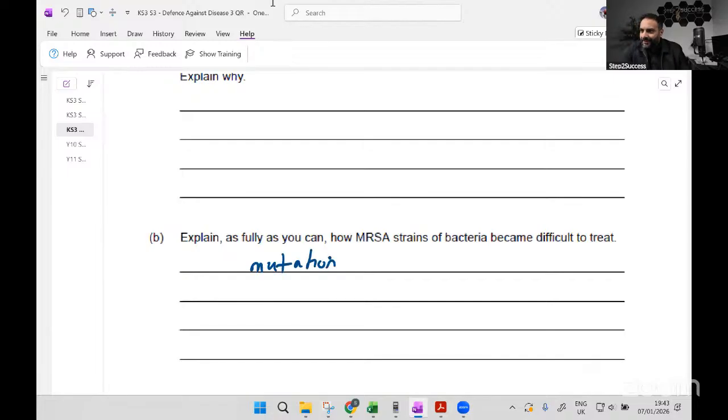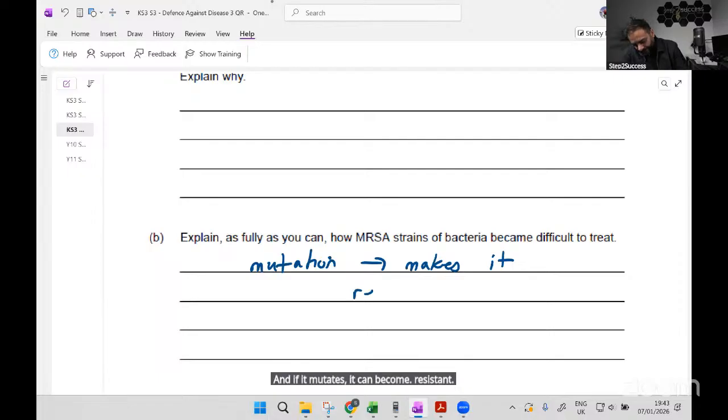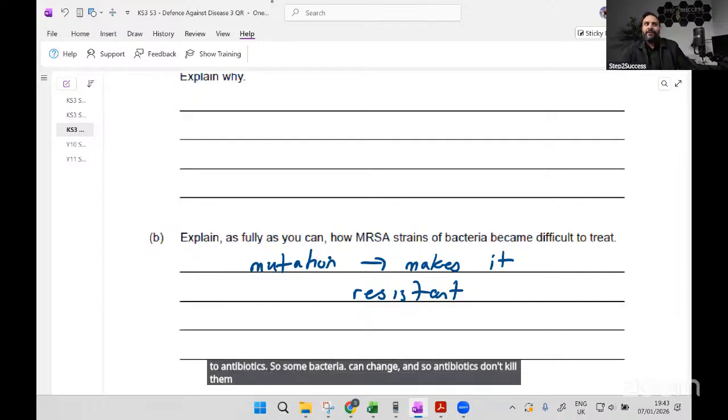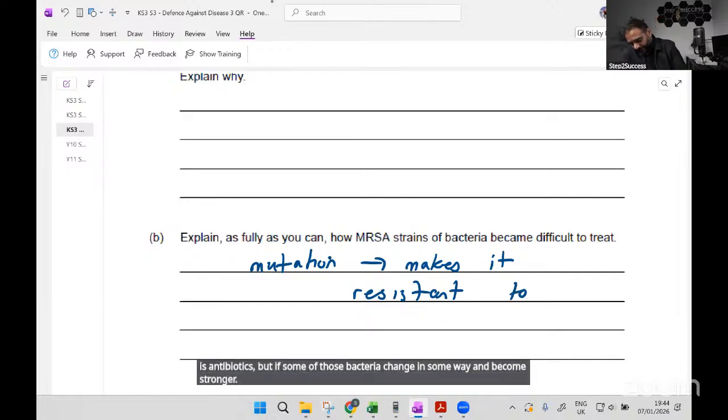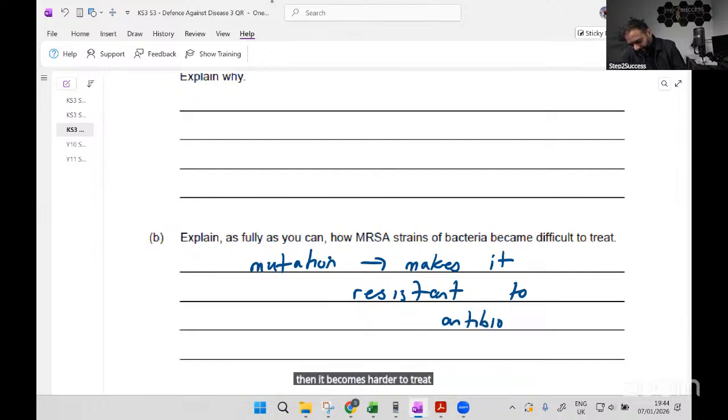If it mutates, it can become resistant to antibiotics. So some bacteria can change, and so antibiotics don't kill them, and that makes it difficult to treat, right? Because our main treatment for bacterial diseases is antibiotics. But if some of those bacteria change in some way and become stronger, then it becomes harder to treat them. Okay, right, that was that.